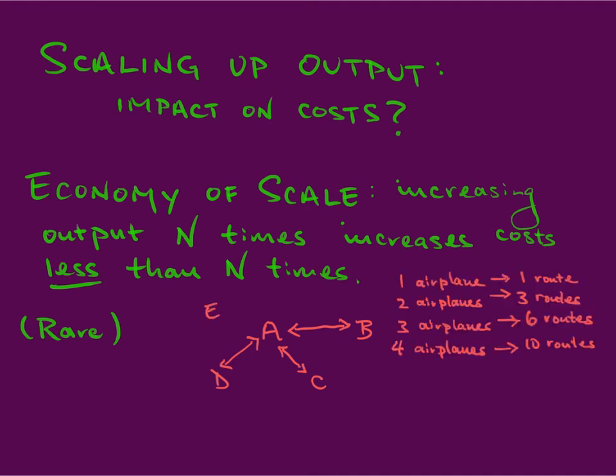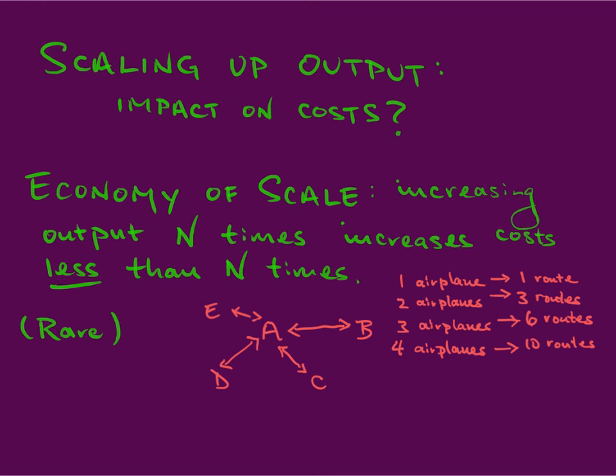The fourth airplane would bring the number of routes that the airline can fly up to 10. If each additional airplane can add more routes to what the airline produces, then flipping that around, each extra route costs fewer airplanes that the airline needs to purchase.